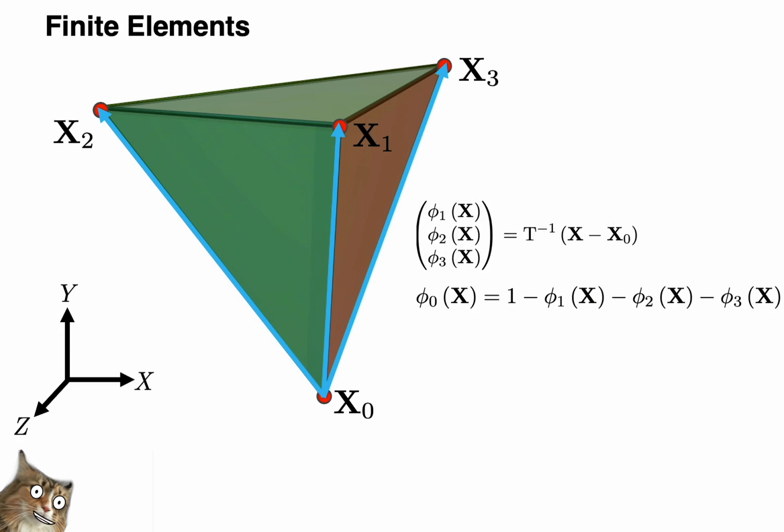Now for any position capital X inside the tetrahedron, we can compute values for phi sub 0, phi sub 1, phi sub 2, and phi sub 3. You may have noticed by now that these shape functions are the so-called barycentric coordinates for our tetrahedron.